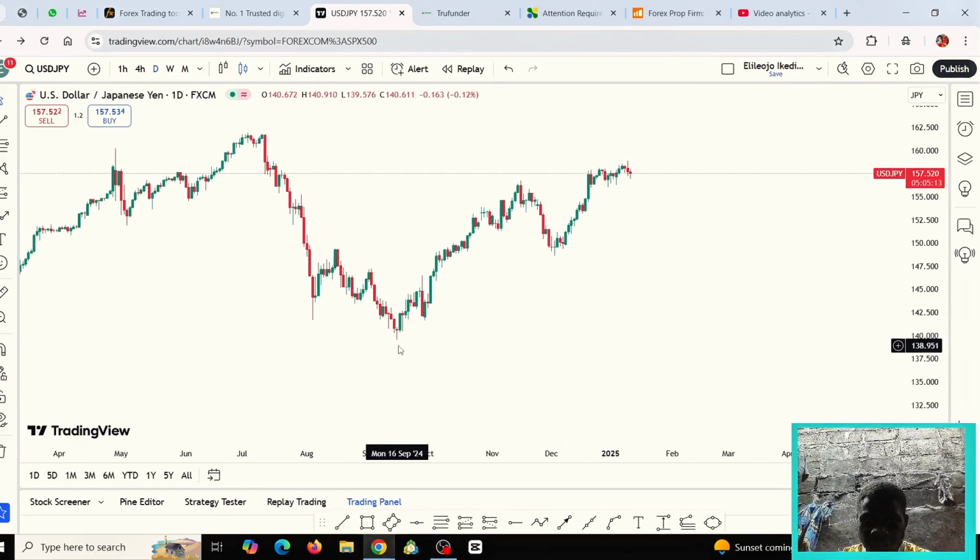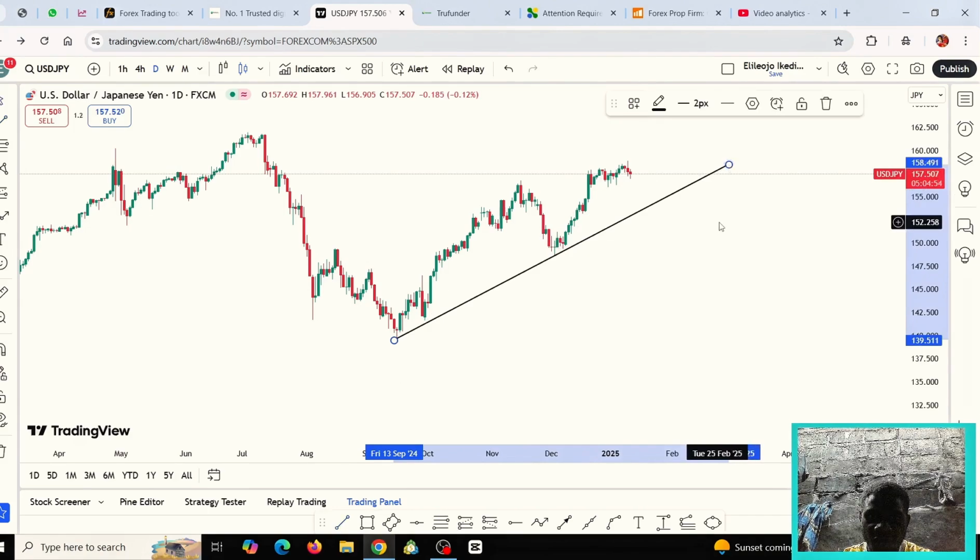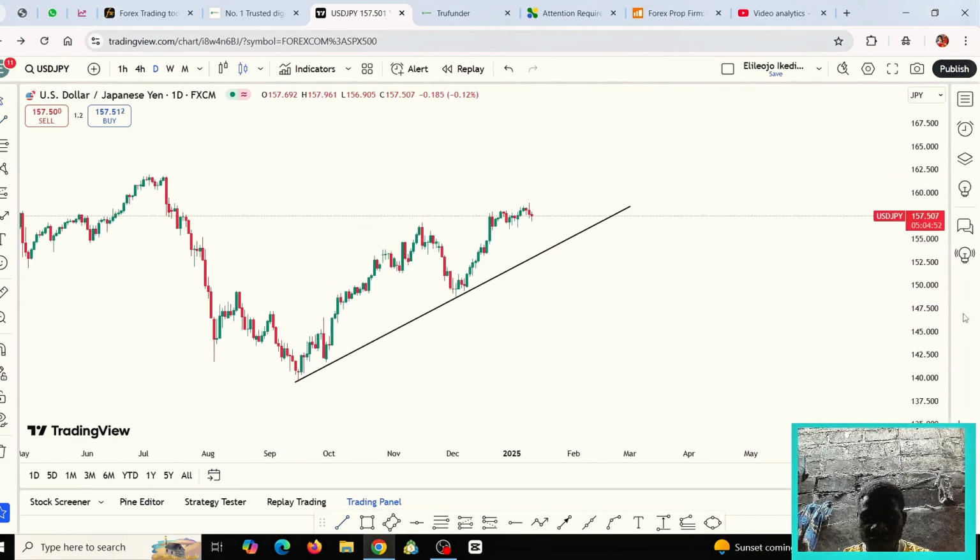This is an outermost part, another outermost part, another outermost part. You pick up a trend line and then you join them. Remember, it must be on the weeks. Then extend it all the way.